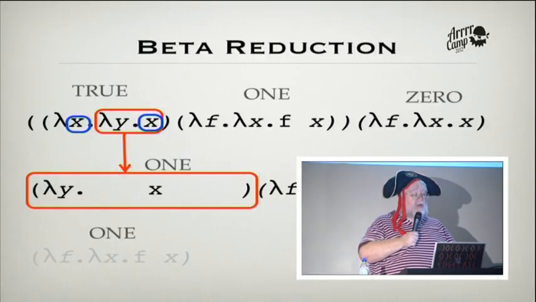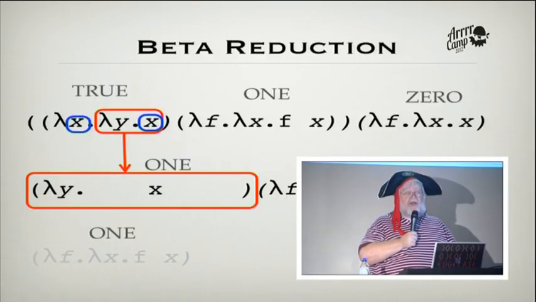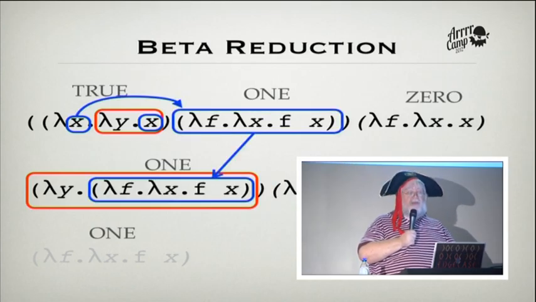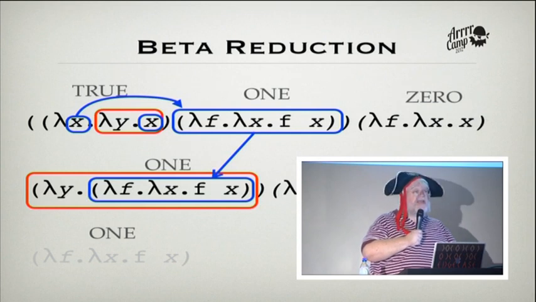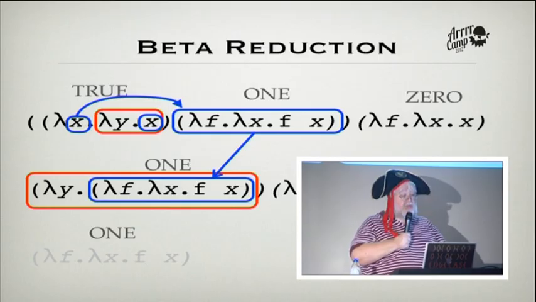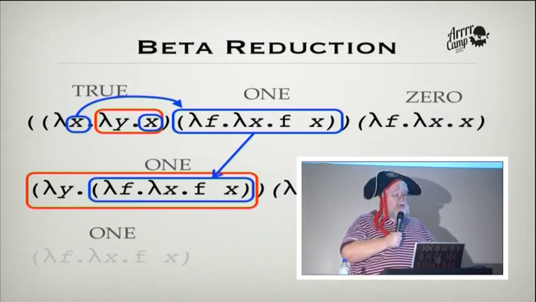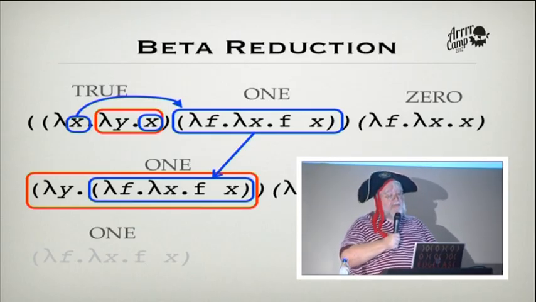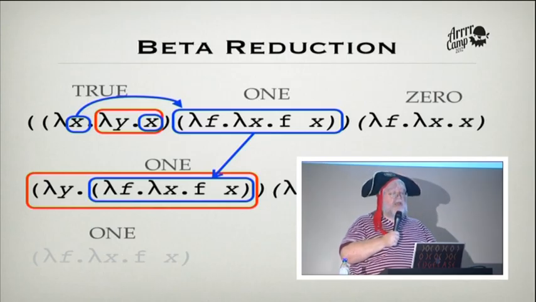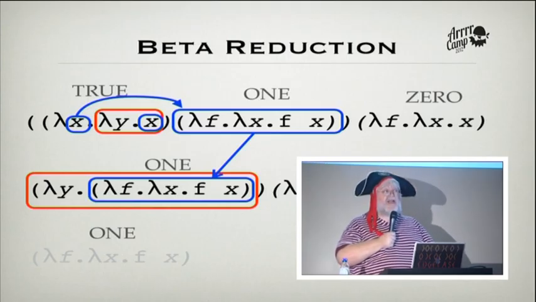So we copy down the body of that function, which will be lambda y dot x. We identify the argument being passed in that's going to be assigned to x, and we replace the value of x in the body with the value of the argument, which is 1. So you get lambda y dot, then in parentheses, lambda x, f of x. That's the first step in beta reduction.